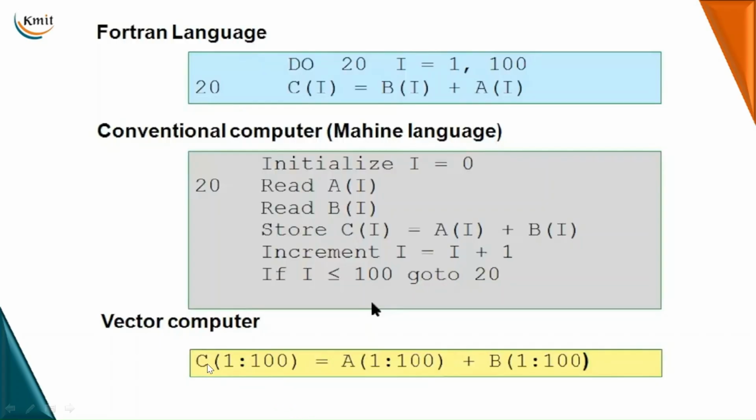It is represented as c of 1 to 100 is equal to a of 1 to 100 plus b of 1 to 100. So it is going to perform an addition operation on the two arrays a and b from I is equal to 1 to 100. It performs multiple operations, but it is represented with the help of a single instruction. So that is the beauty of vector computers.